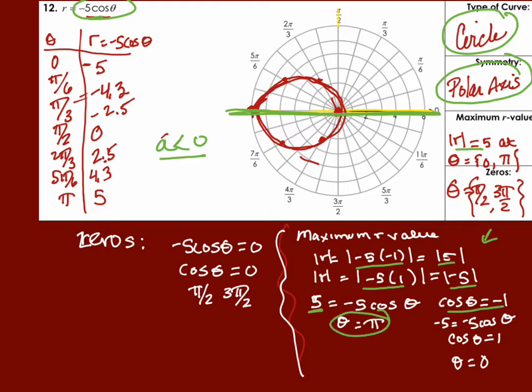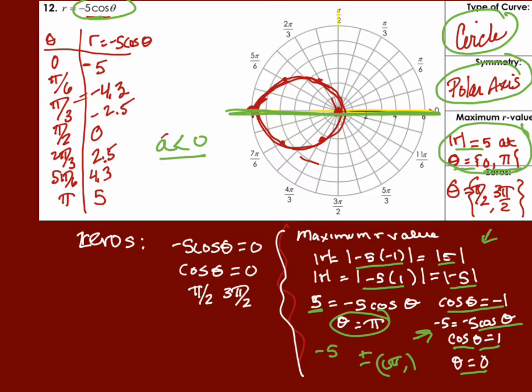At pi. And then also I have to do -5, both the positive and the negative, and I get cosine theta equals 1. Where does it equal 1? At 0. So it's plus or minus 1, at pi and 0. So the angle being 0 and pi is where you have your maximum.